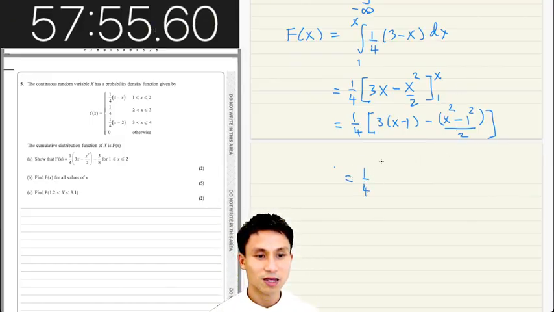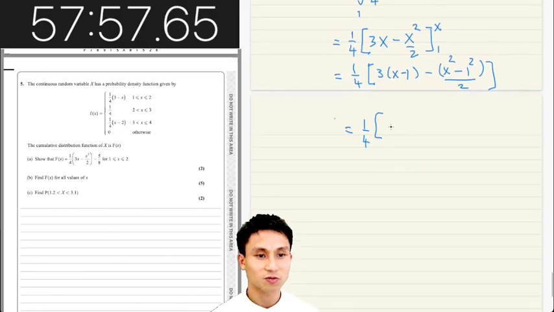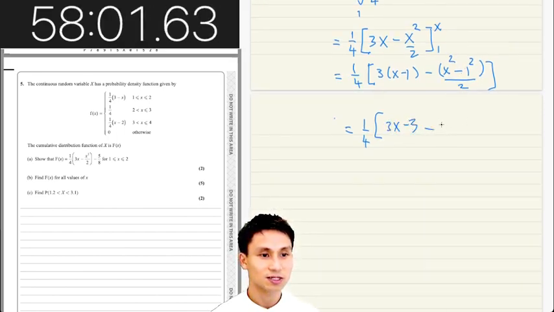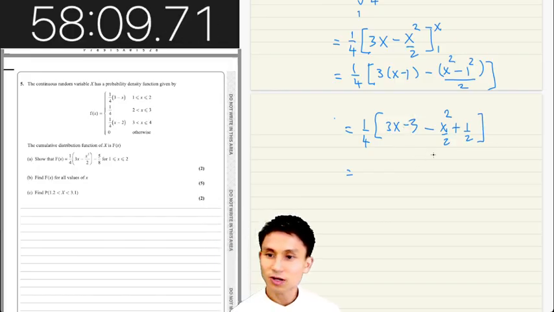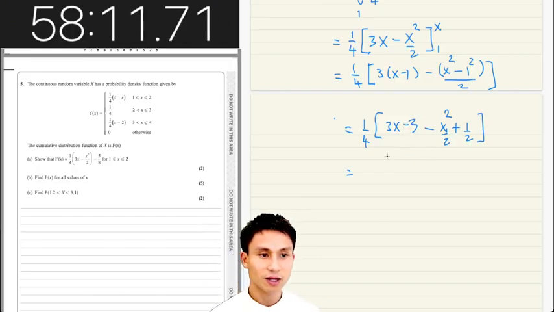So expanding everything, simplifying the brackets, we get 3x minus 3 minus, so this is x squared over 2 minus minus, so it's a plus 1 over 2, right? Just trying to get what they want there.